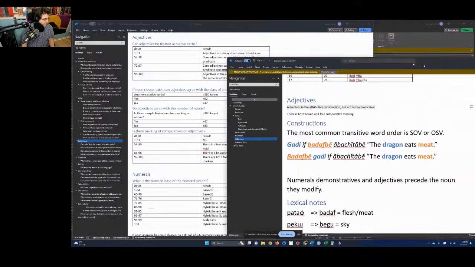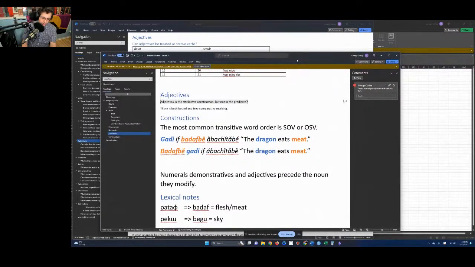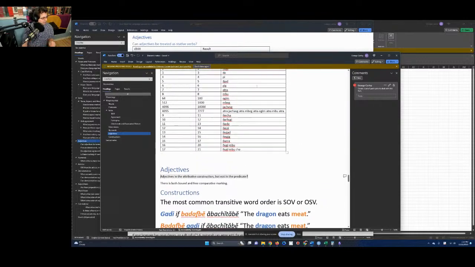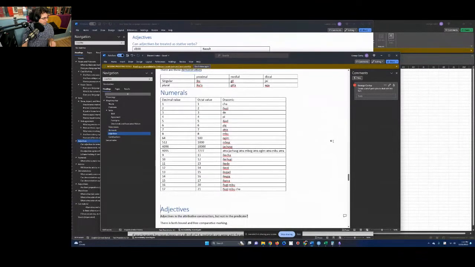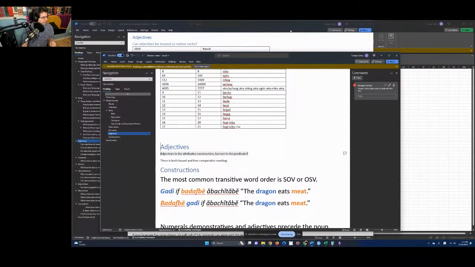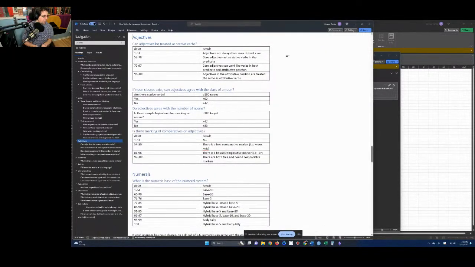I don't think I ever actually determined whether adjectives would agree in number. Did I? Oh, I did that for demonstratives. So we can decide whether adjectives also.